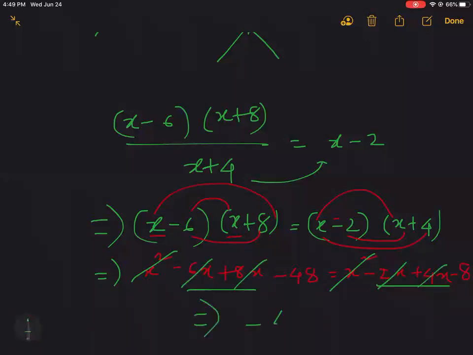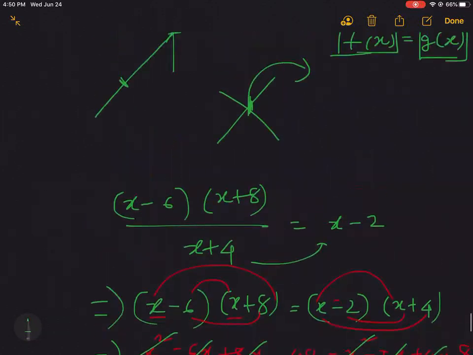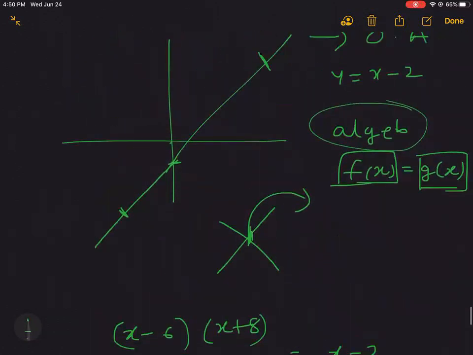So we have negative 48 equals negative 8. Is it possible? And the answer is no. So there is no intersecting point. There is no point where the graph will cross this oblique asymptote.